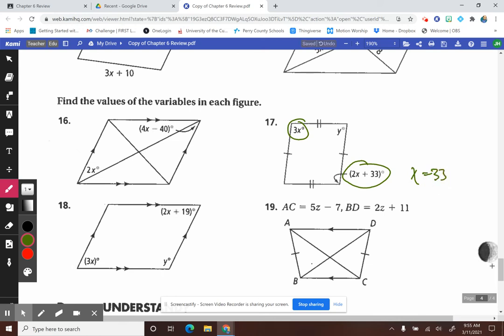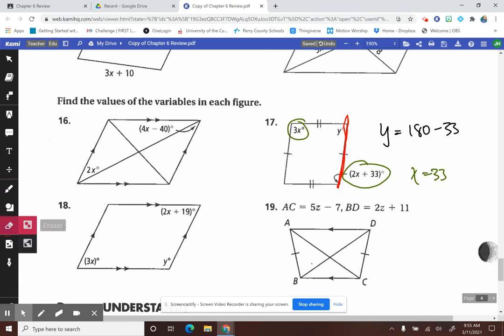Once you get that, then you know that this is a straight angle right here. So that has to add up to 180 degrees because they're supplementary. So again, to find y, I'm simply going to take 180 minus 33, and that will give me that answer. Which again, that's the value of x. So I skipped a little bit here.